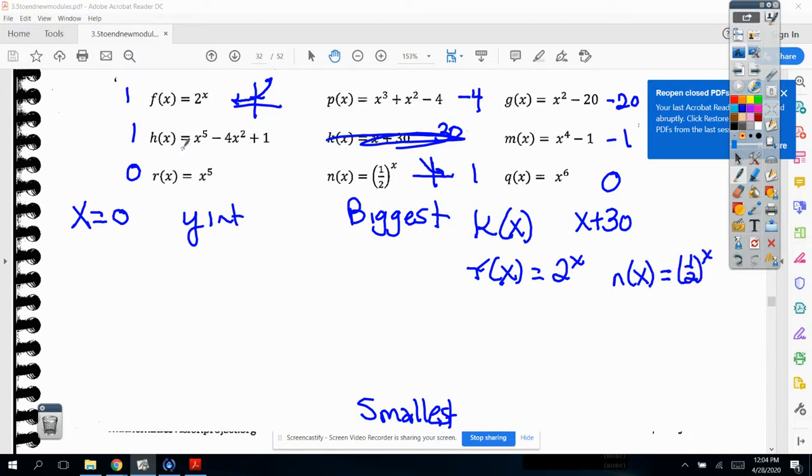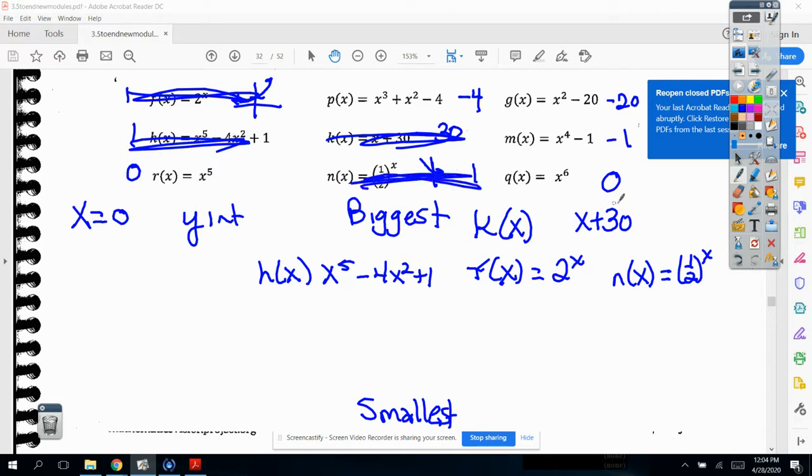And then you had this polynomial with y-intercept of 1: x to the 5th minus 4x squared plus 1. Those are all tied there. Pretty big. Not so big, but okay, we got those. Then we had 2 at 0 that were tied: x to the 5th and x to the 6th.